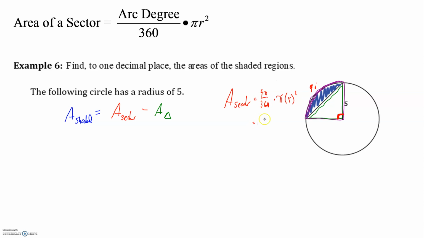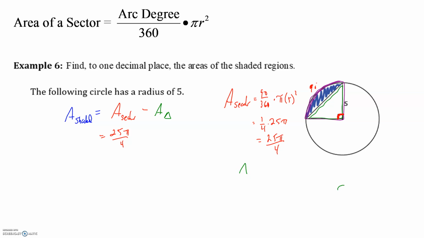So 90 out of 360 is just a quarter times 25 pi. Again, I could get a decimal, but for now let's just leave it in terms of pi. So that's just 25 pi over 4. I'm going to keep that here for now until I actually plug it into the calculator.